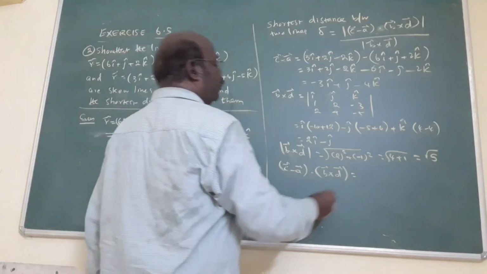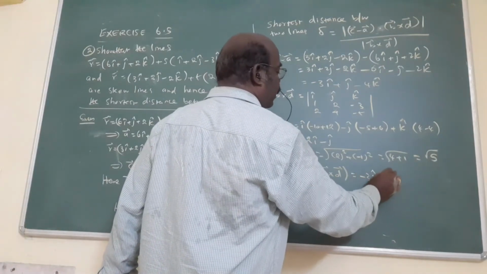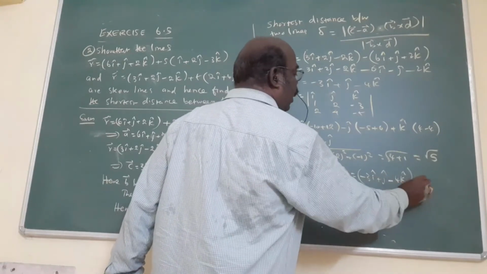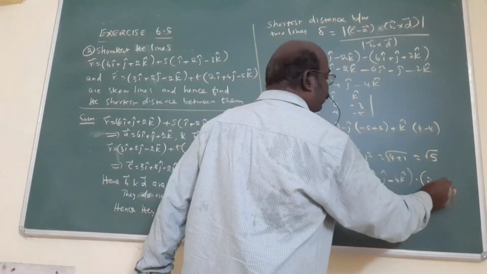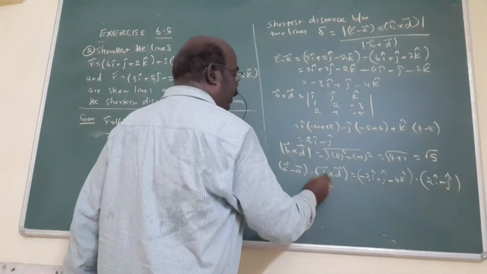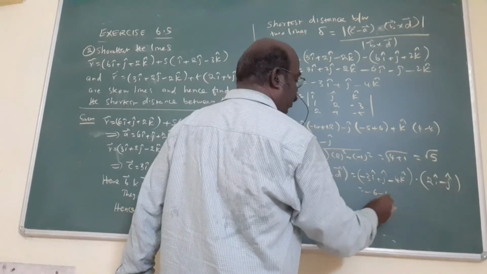C minus A vector is what? Minus 3I cap plus J cap minus 4K cap, dot B cross D, already 2I cap minus J cap. Dot product means you consider I with I, that is minus 6. J with J, minus 1, that is minus 1.